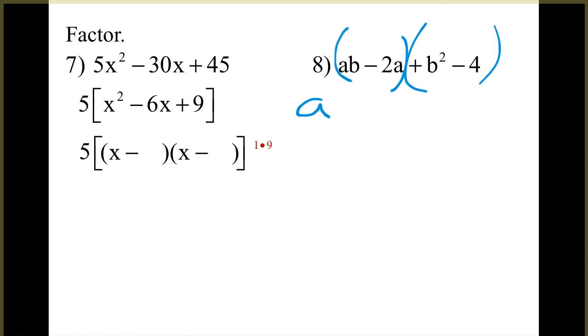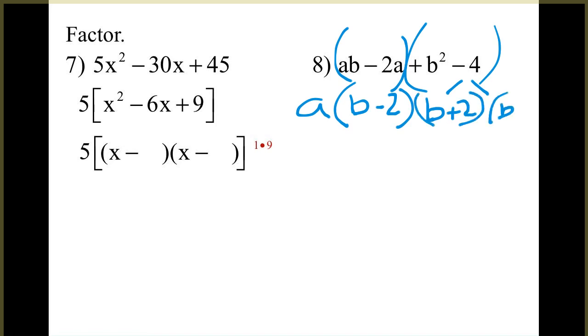So I can pull out an A, and I'm left with B minus 2. Now here, right away, I'm going to have B plus 2 times B minus 2.